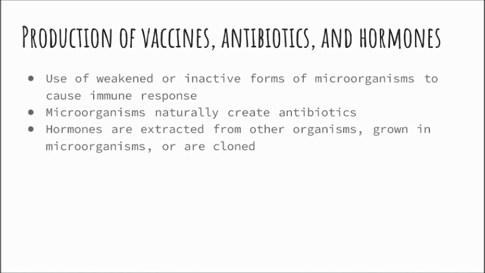Vaccines are typically produced with the use of a weakened or inactive form of microorganisms to cause an immune response. They usually do pretty extensive trials of vaccines over long periods of time to test for any long-term effects.